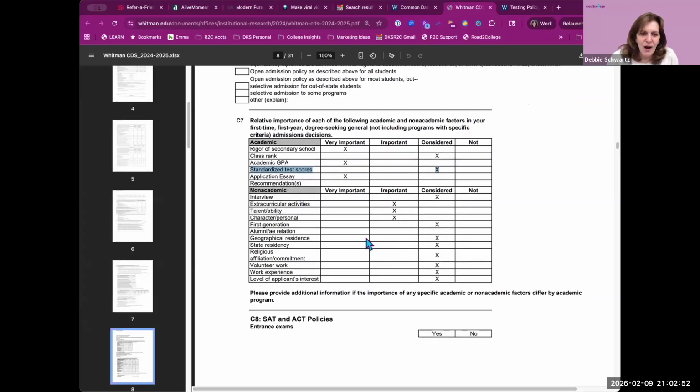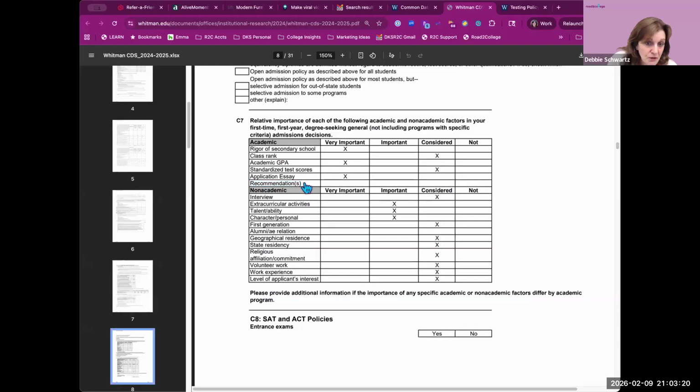Okay, so let's keep moving on. Then the non-academic section. I'm just going to point out one other thing, and I have never looked at Whitman College's common data set before. I'm honestly just looking at it for the first time right now, and it has nothing for recommendations, which I'm a little interested or surprised at.